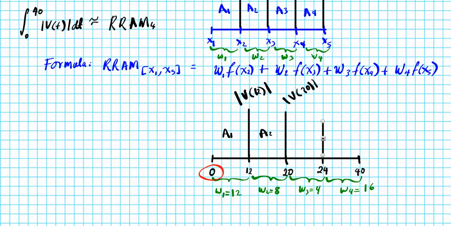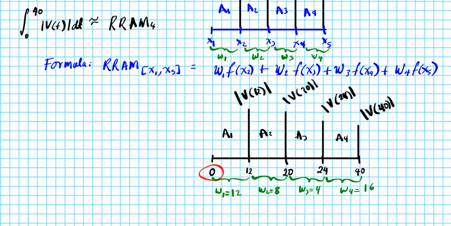You don't have to draw it to scale. This is just setting up the problem so we can accurately apply the formula. That's what it's all about. You don't have time to sketch a perfect graph. You're not asked to do that here. We're just computing what the value of the rectangle approximation is. Okay, all right, so there you have it. So this is A3 and this is A4.